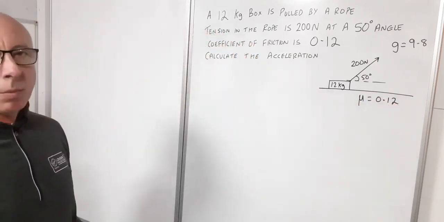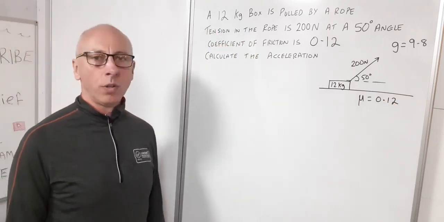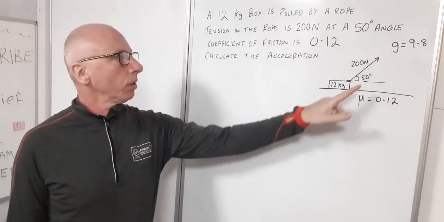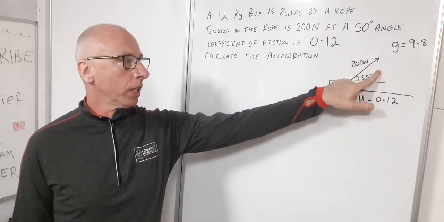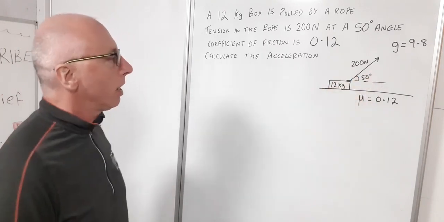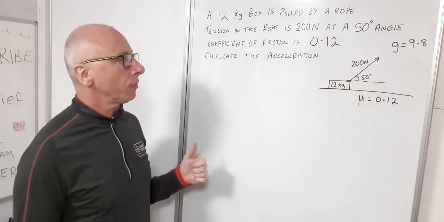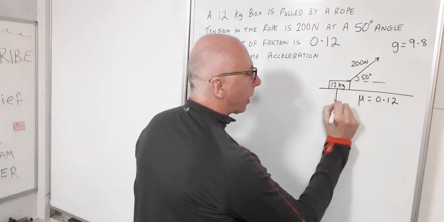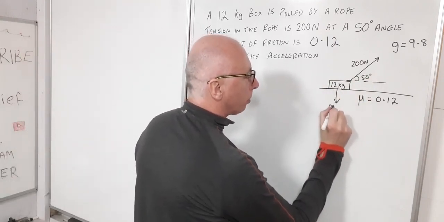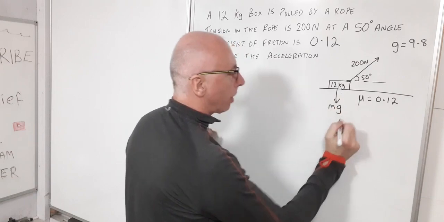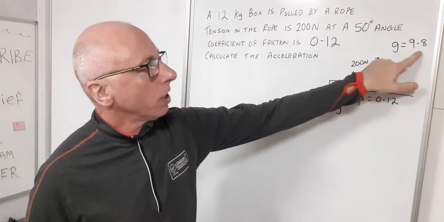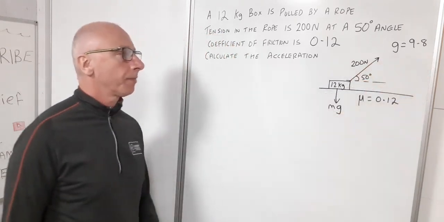Okay, now what we need to do is fill in all the forces acting on the box, apart from this one here we've already got, which is the tension in the rope. So one force we're going to have is the force of gravity. So that will be the mass of the box, which we know is 12, times the gravitational constant, which is 9.8 given in the question.